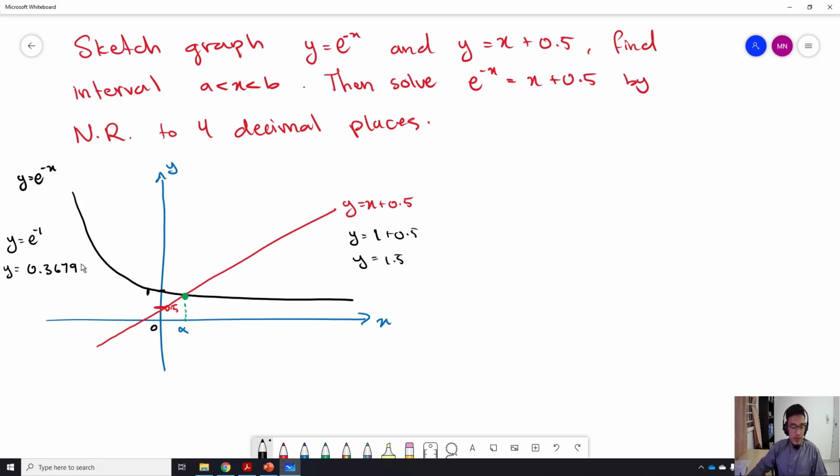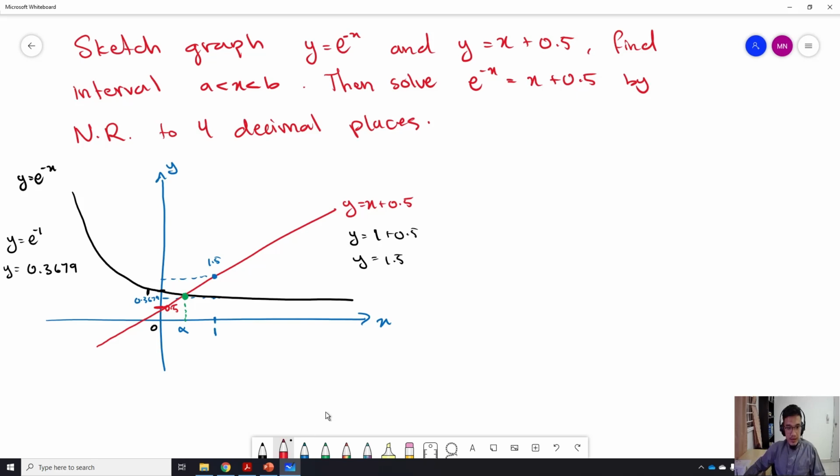These two values are not the same: y for this graph is 1.5, and y for the exponential graph is 0.3679, which means the straight line graph is higher than the exponential graph, because 1.5 is bigger than 0.3679.